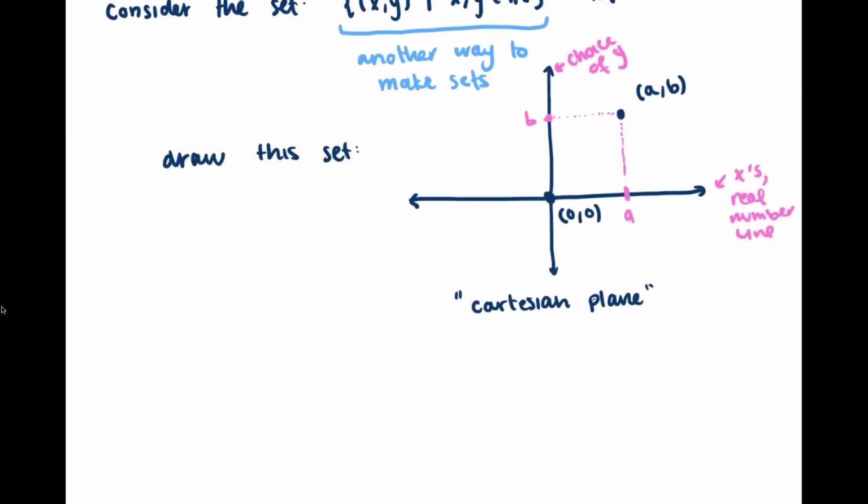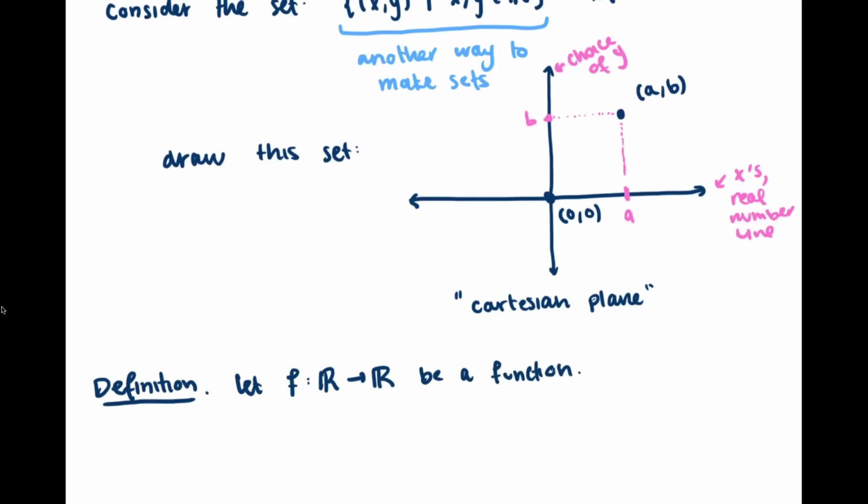Let's make it a definition. Take a function from the real numbers to the real numbers, so f goes from R to R. The domain is R and the codomain is R. Then the graph of the function f is a subset of R squared, or R2, this Cartesian plane.